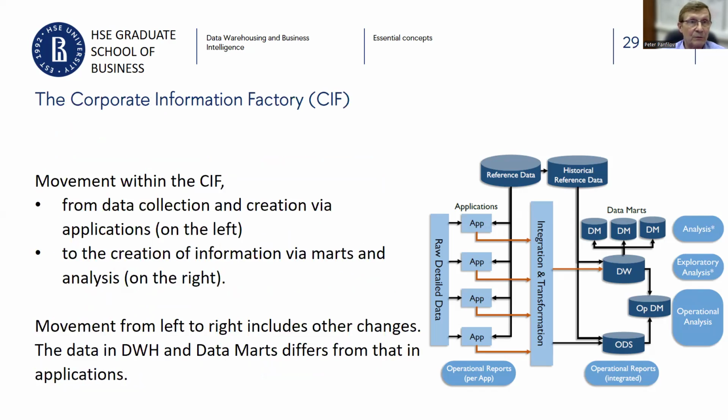Just to summarize what is important here, we just discussed the movement of data from left, from applications, to the right, to end consumers, and different kinds of changes. The data in data warehouse and data marts differs from that in application. This is for sure. Data here and data there are different.